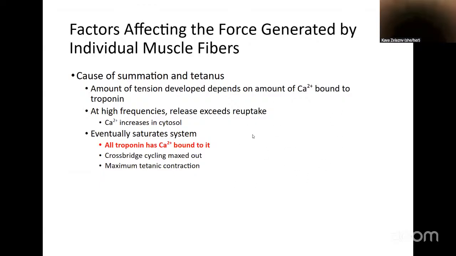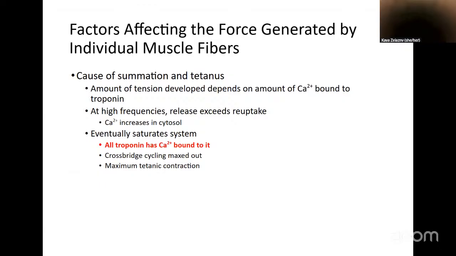All right. This kind of goes with the summation and tetanus thing before we take a look at that graph, kind of pulling everything together. In case you were curious about why we see summation and why we see tetanus, that has to do with the calcium. Relaxation needs to clear out the calcium from the cytoplasm of the cell so that we stop cross-bridge cycling, right?